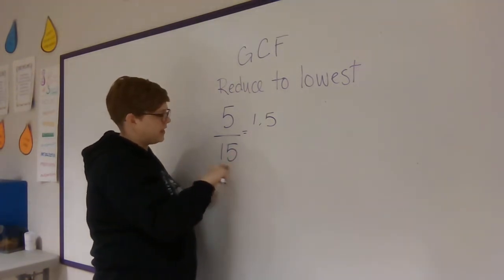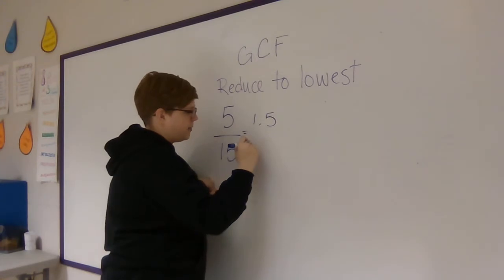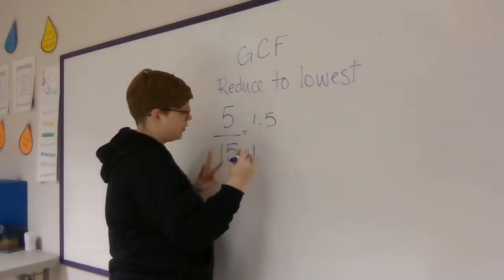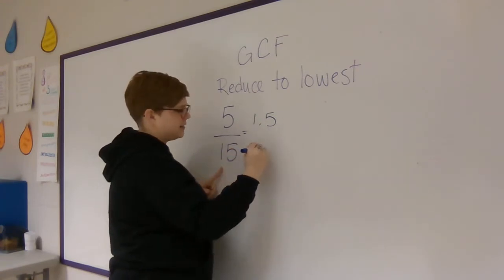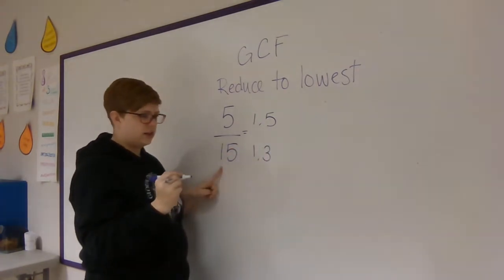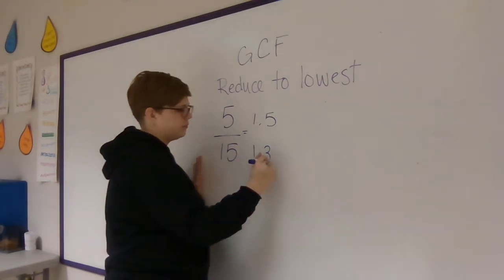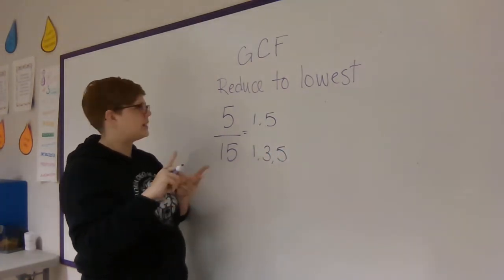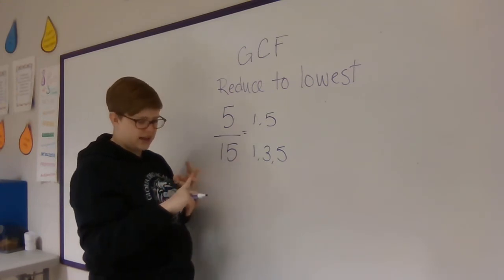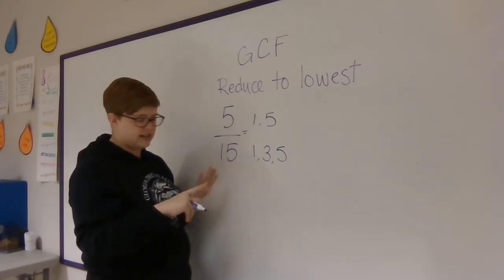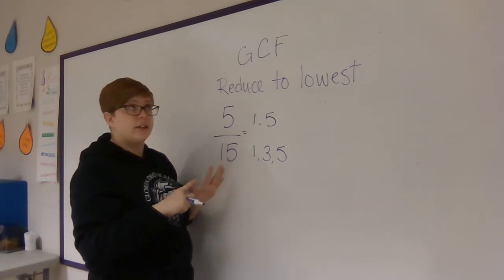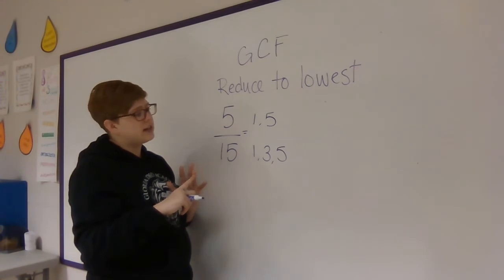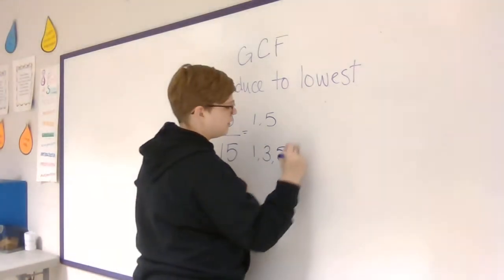What about 15? I can divide by 1, 2, no, 3, yes, I can divide 15 evenly by 3, not 4, 5, 6, 7, 8, 9, 10, 11, 12, 13, 14, 15.